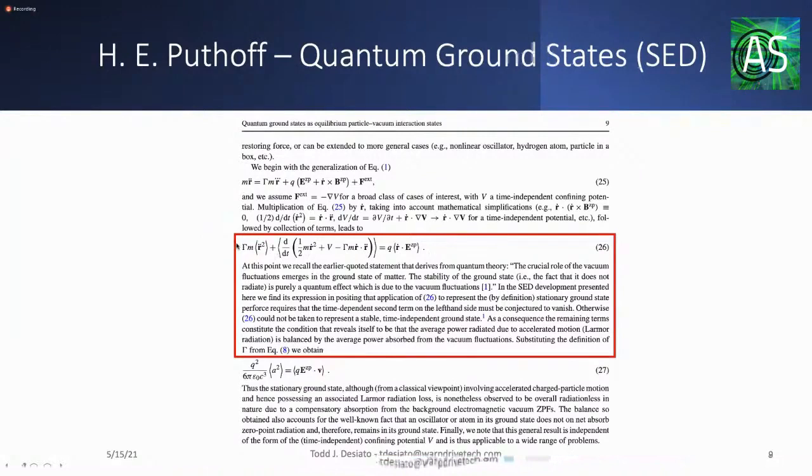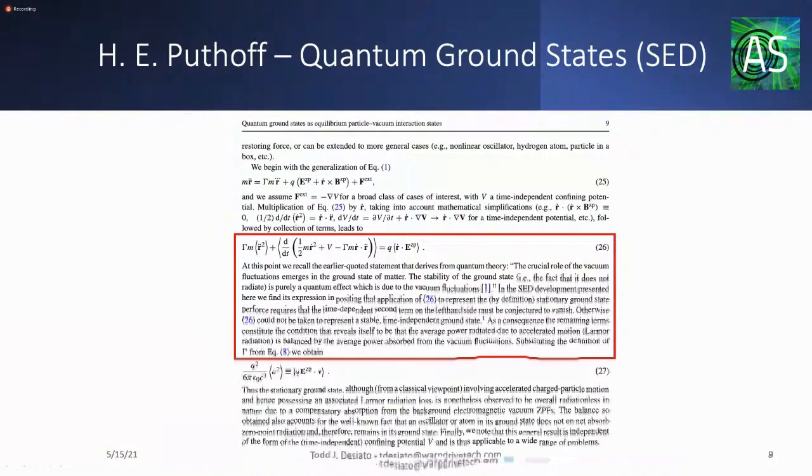And then he gives this relationship here, which is essentially multiplying this first equation by the velocity. And when he does that, he says, at this point, we recall the earlier quoted statement that derives from quantum theory. The crucial role of the vacuum fluctuations emerges in the ground state of matter. The stability of matter, the stability of the ground state, the fact that it does not radiate, is a purely quantum effect, which is due to the vacuum fluctuations.